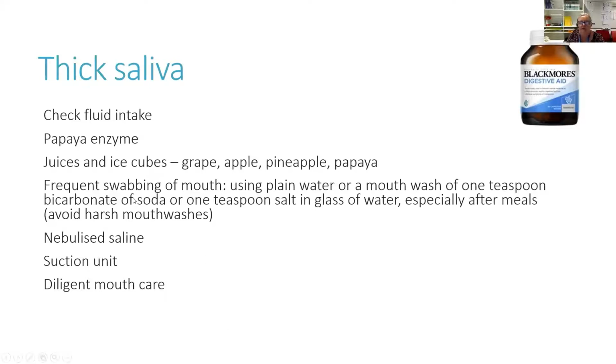Other things you can use, papaya enzyme is great for breaking down that saliva. Sipping juices or having ice cubes of the dark grape juice, apple juice, papaya and pineapple. Swabbing the mouth regularly with the bicarb soda. These are all things that can help with that thick saliva.